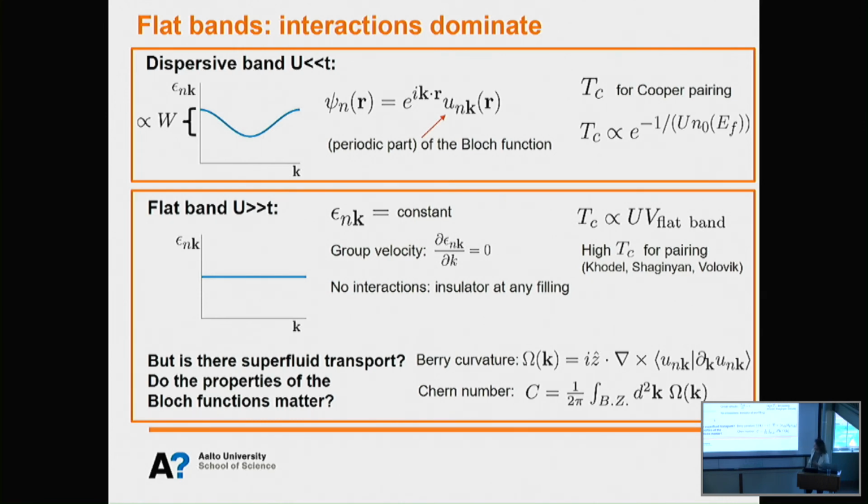So we started to look at this question. And it turns out that these Bloch functions are extremely important in this question. And you know that they are also related to topological quantities. So Berry curvature is basically given by derivatives of the Bloch function, and of course then the Chern number when you integrate over the Brillouin zone. So these things will come up.